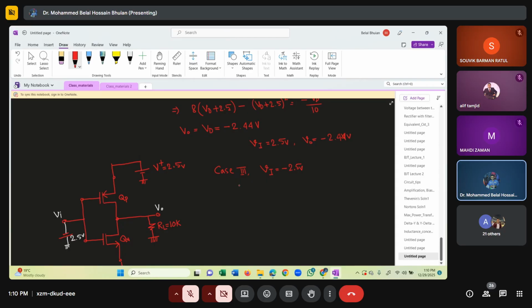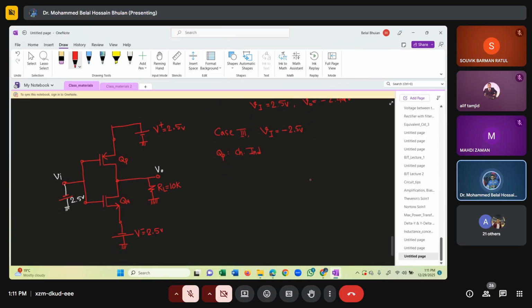As before, we're going to check EBJ. I will not do it now, but if we check EBJ we will find that for QP, VGS, QP channel is induced, and QN you will find that's not induced.